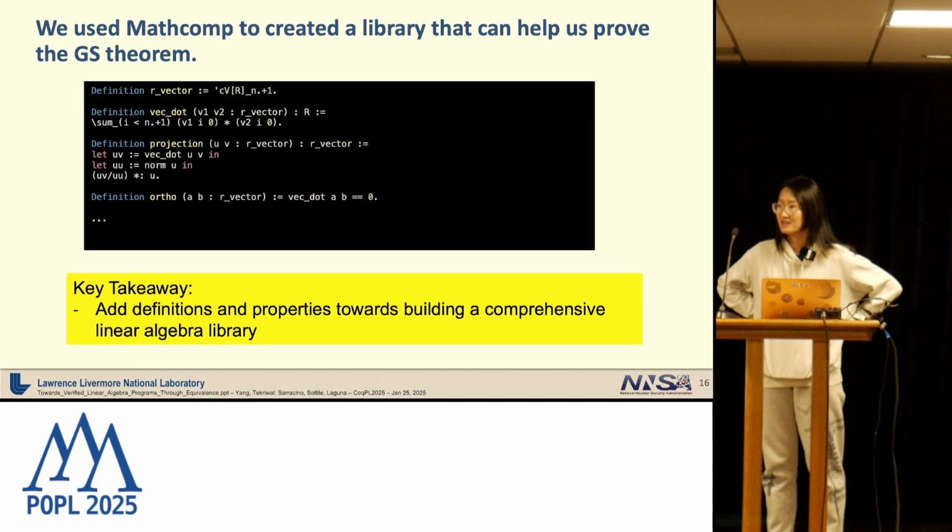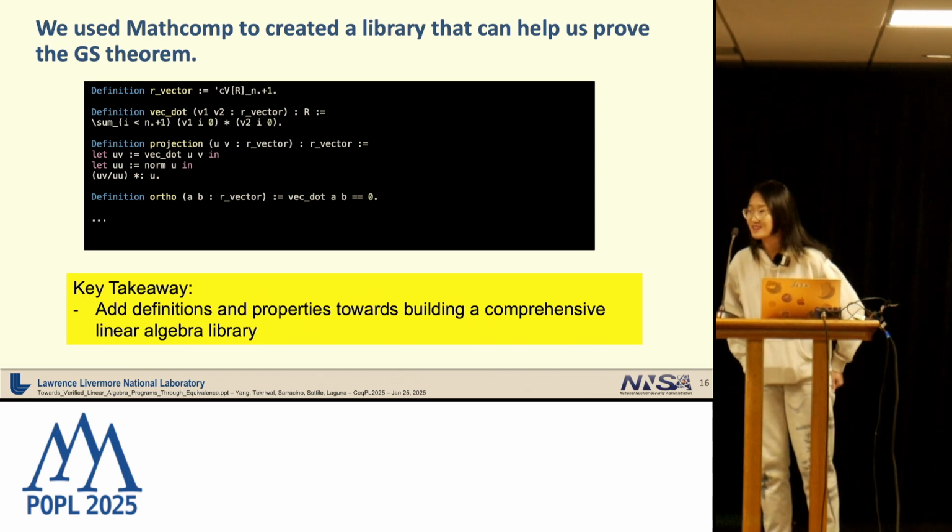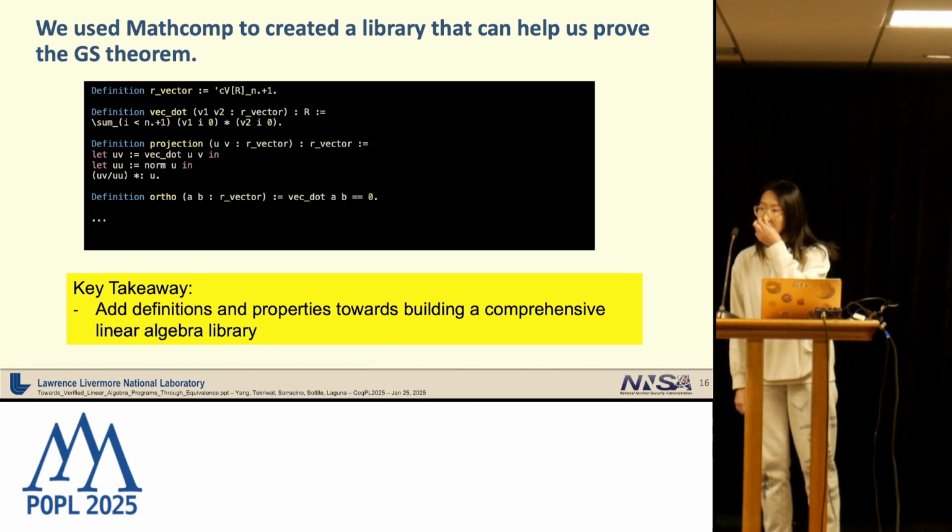I'm wondering why you chose to base your linear algebra on matrices as opposed to the vector library, which is basis independent. So there are basically two linear algebra libraries in MathComp. One is representation dependent, which is the matrices, and one is basis independent, which is the vector library.